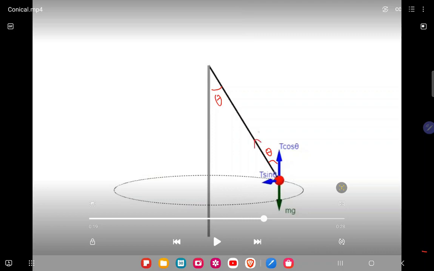So for the components, the one with the angle takes the cosine, and the one without the angle takes the sine. So we should have here T cosine theta and T sine theta.